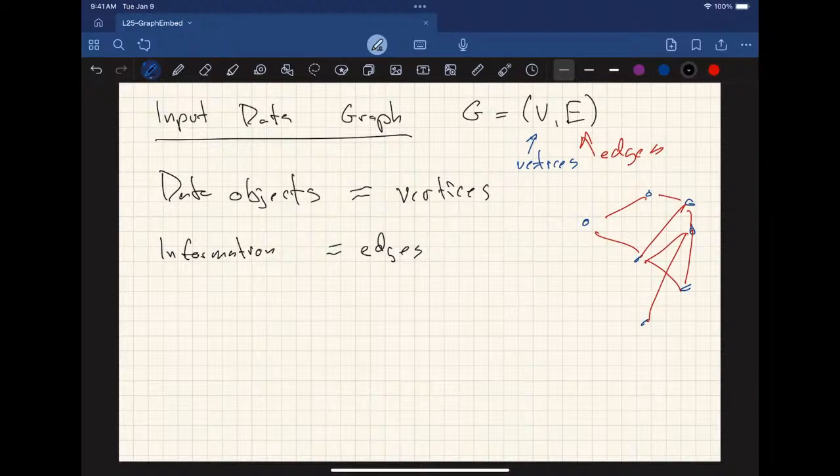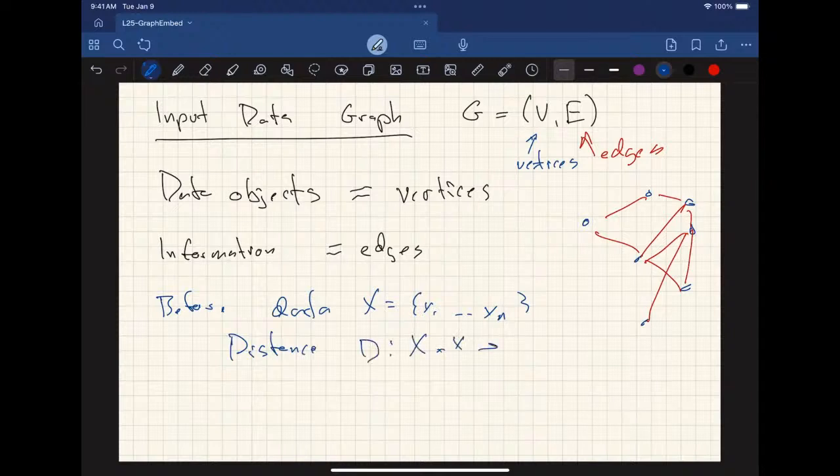Before we got to this point in class, we talked about data where the data points capture the information about the point. So we had data x1 through xn, and we had some distance d that could score how similar two objects were based on their values.